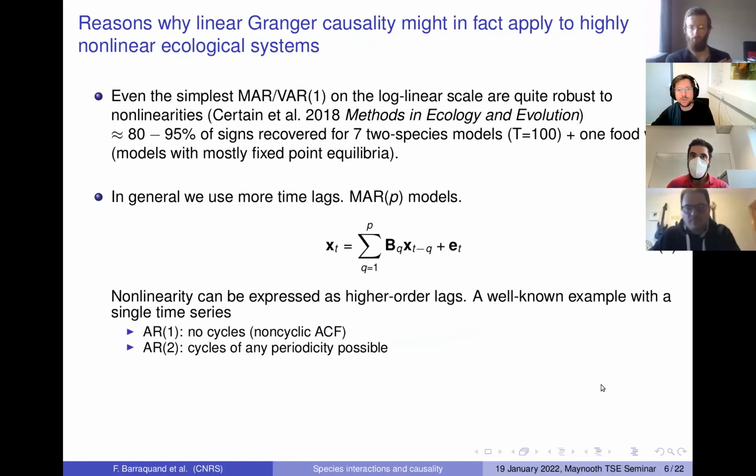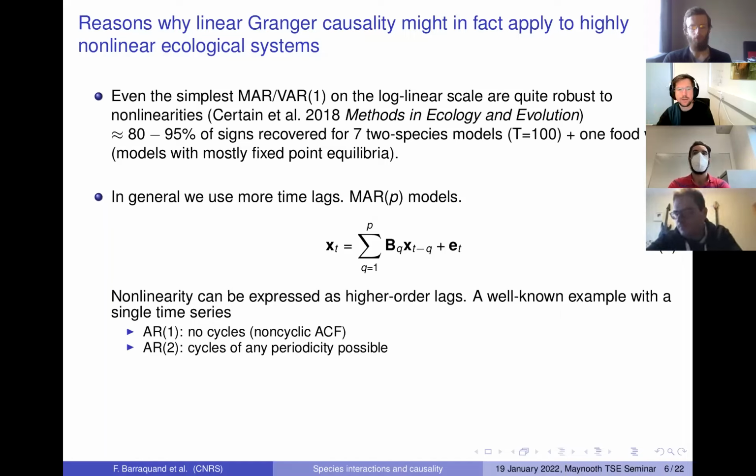And that's actually what we found doing a survey of the robustness of a multivariate autoregressive model of order 1 with my colleague Grégoire Certain and also with Anna Goldmark. We found that most of the signs of the interaction matrices were recovered correctly for a number of two-species and food web models. These were modeled mostly with fixed point equilibria, which means they're less nonlinear than limit cycles or chaos, for instance.